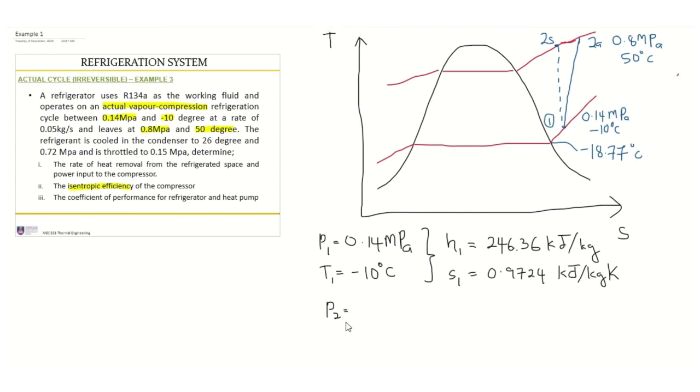Okay, some people put P2A or T2A to represent the same thing, which is the one that we put here, 2A. But I myself just put it as P2 and T2. Okay, meaning actual also, right? So this will become 0.8 megapascal.